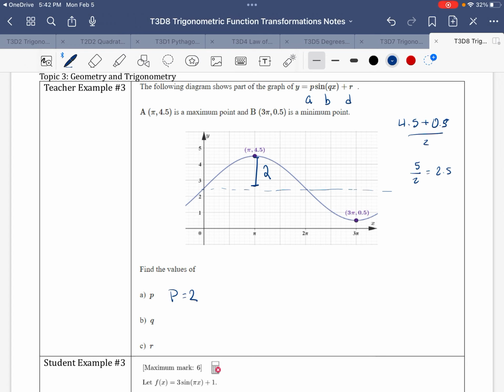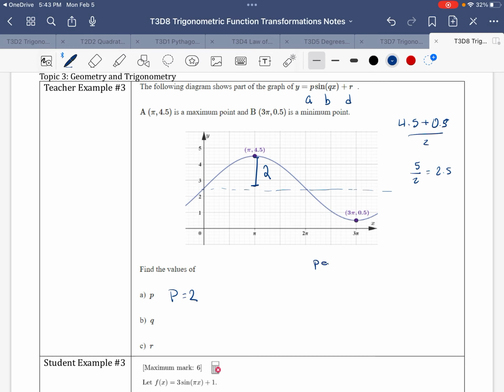Okay, this part gets a little bit tricky. So we know that going from the highest point to the lowest point, right, and then back to the highest point would represent one full period. But here it's only showing from pi to 3 pi, which is half of a period, which means our full period would have to be 4 pi.